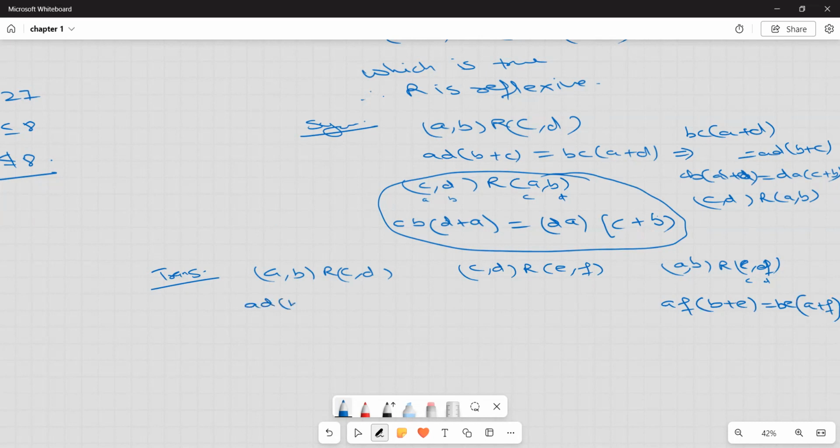AD into B plus C is equal to BC into A plus D. And here, CF into D plus E is equal to DE into C plus F.